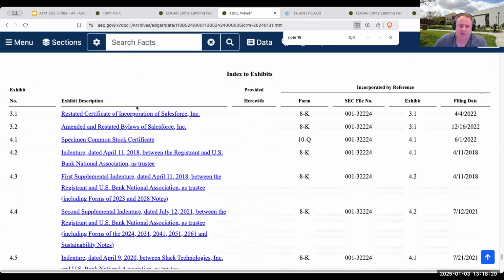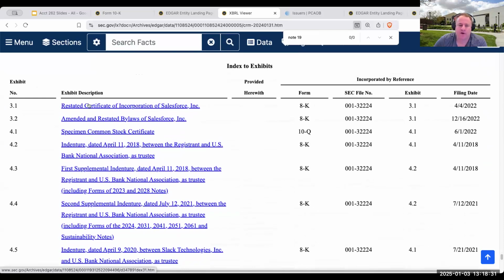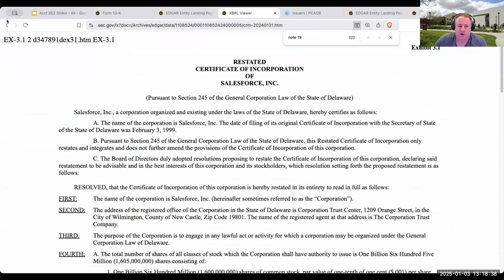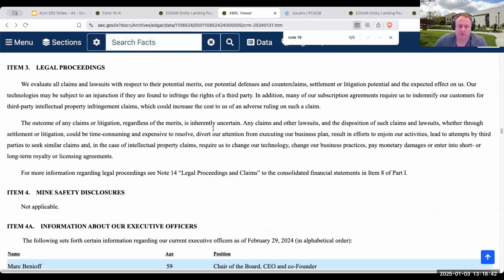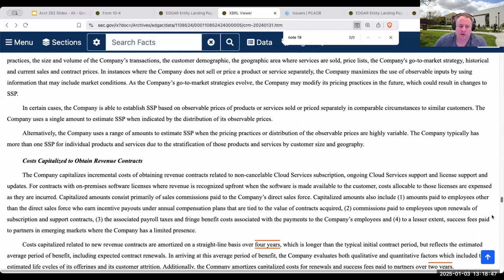Exhibits. You've got a 10-K summary. And then you've got all the different items, like governance. So here you go, the restated certificate of incorporation of Salesforce Inc. And let's go down over here.